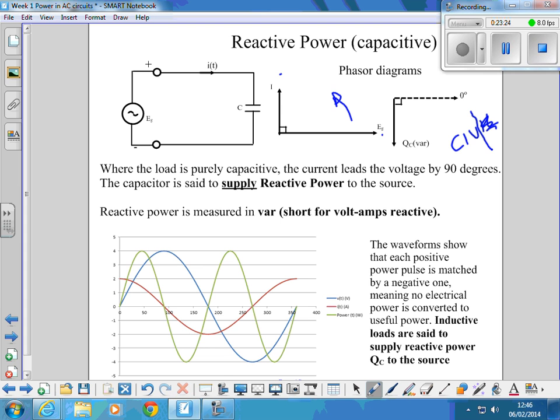We're going to be doing some calculations that will involve complex numbers. For QC, you'd be using a negative J term within that formula work, and a positive J term on the inductive side.